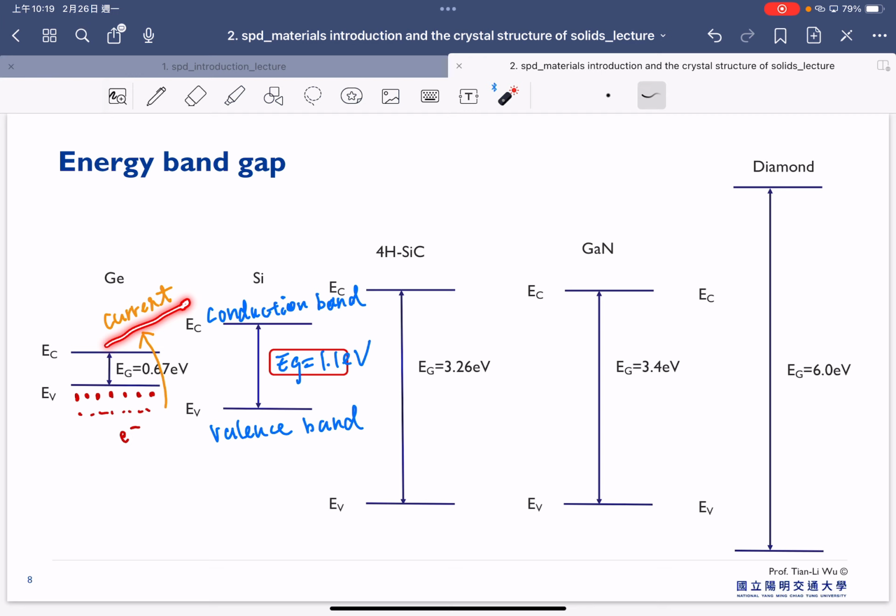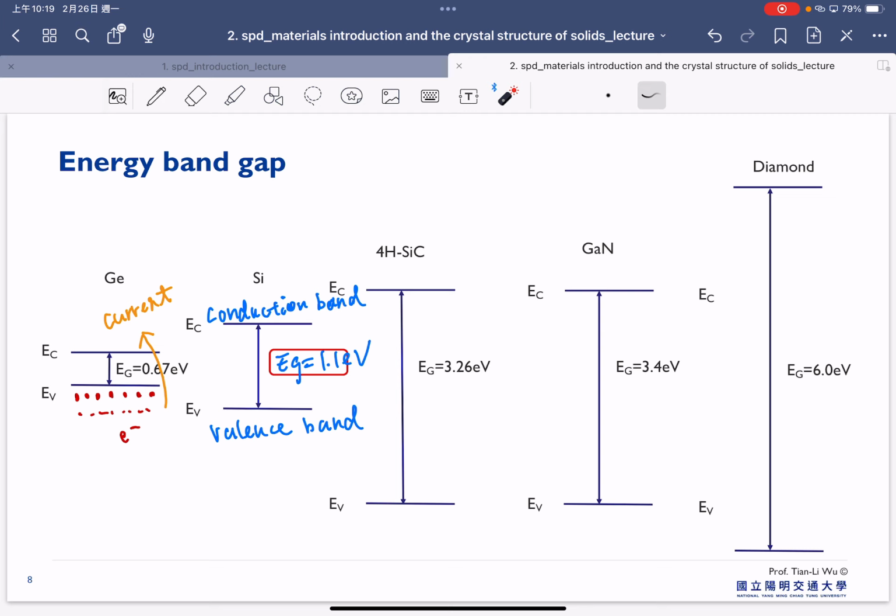And if you look at the extreme case like the diamond, if you don't have any knowledge related to the semiconductor, you just have the high school physics and chemistry, we all know that diamond is a material that should not have any conducting property.